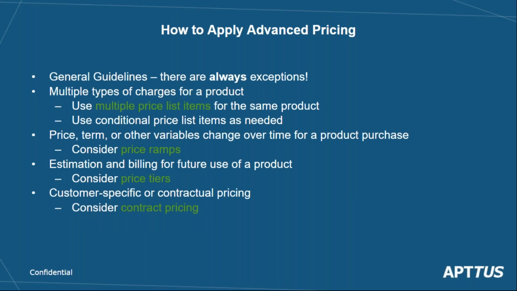Now when it comes to advanced pricing, if there are multiple types of charges for a product, then we have to use multiple price list items for the same product, and we can also use conditional price list items as needed. One example that I gave earlier was Airtel DTH. Whenever you are purchasing Airtel DTH, you have the standard price of the product, like for the set-top box and the dish and everything, and then you have the installation fee.